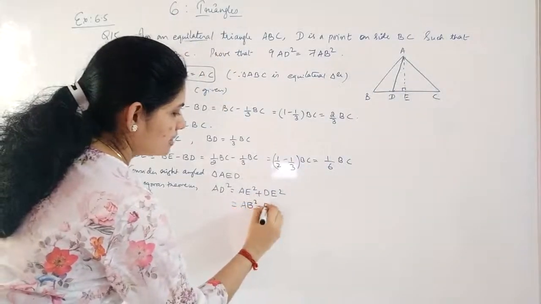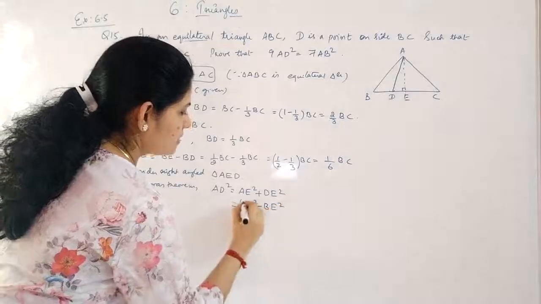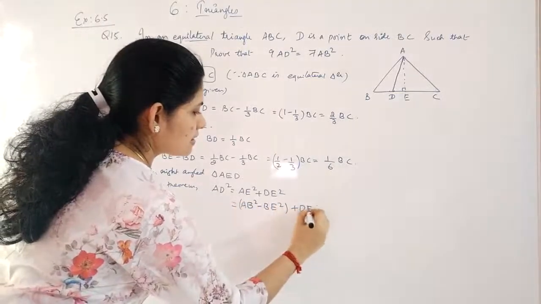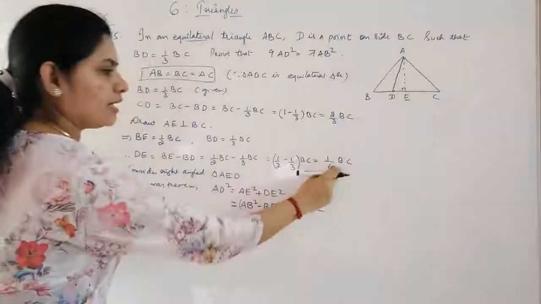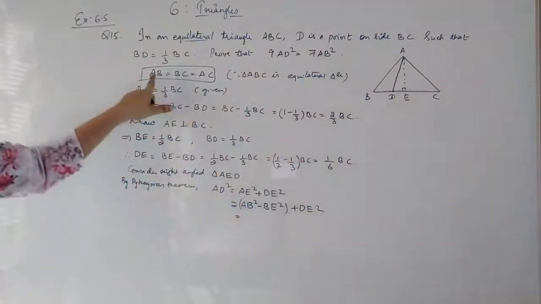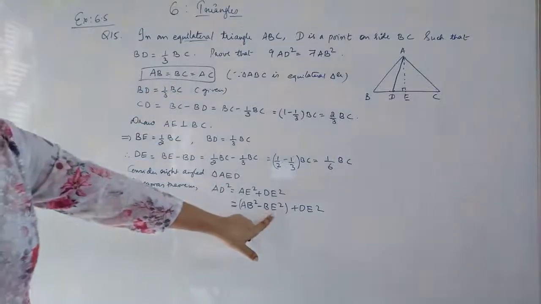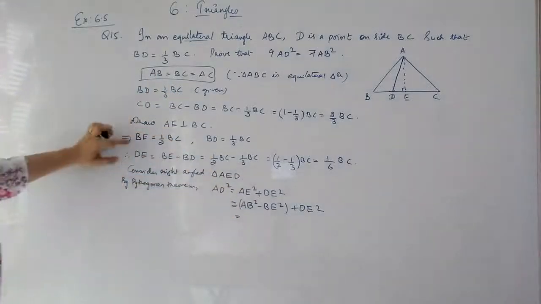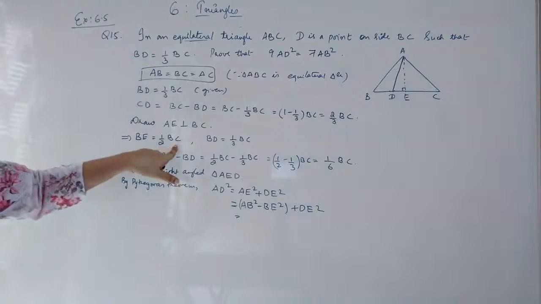AB square minus BE square, right? Plus DE is written as such because we have the value in terms of BC. Now again, what is AB square? We are not replacing it because AB, BC, everyone are equal. Now we go for what is BE. You have it in terms of BC.